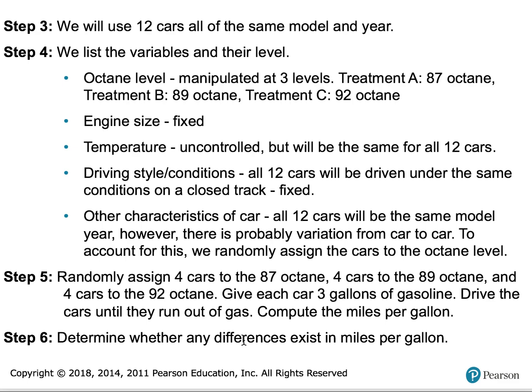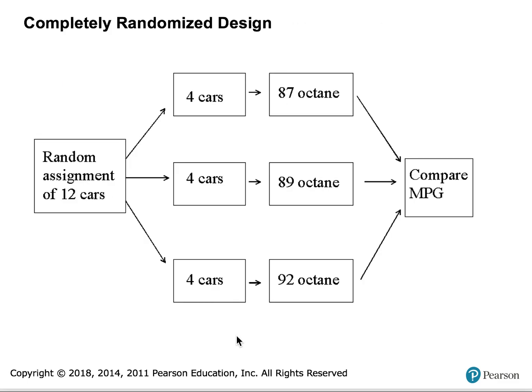Determine whether any differences existed in miles per gallon. Okay, so you kind of get the idea of what to list under each step when needed. Here's kind of a flow chart of what happened. Random assignment of 12 cars, split it up into groups of 4.